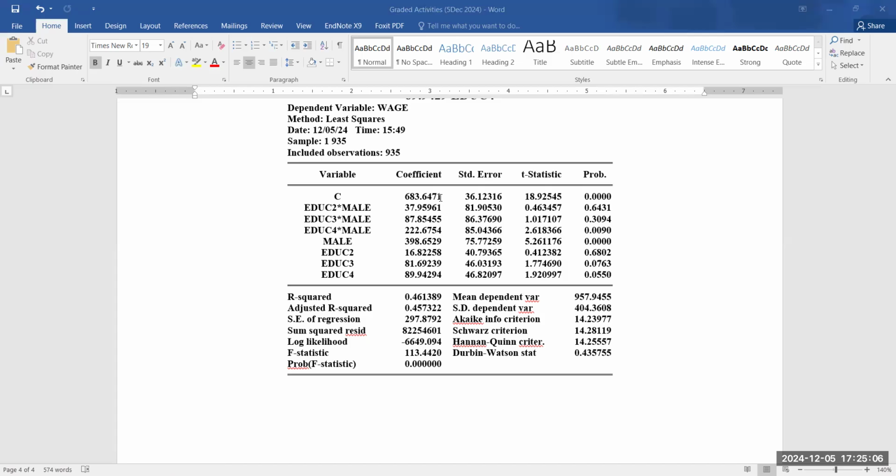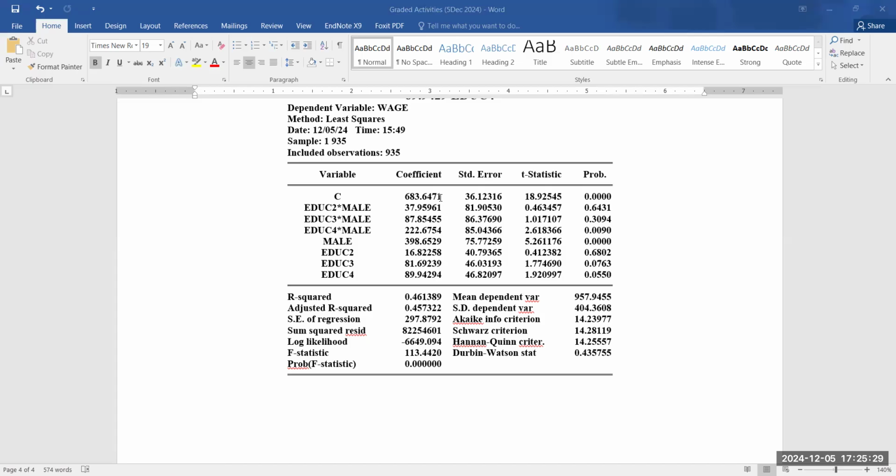So when you look at the gender, male, the coefficient is 398.65. Probability is less than 1%. To be exact, it is mentioned here as 0.000, just rounded off to 4 decimal places. Otherwise, there must be some value if we extend the decimal places. Highly significant.